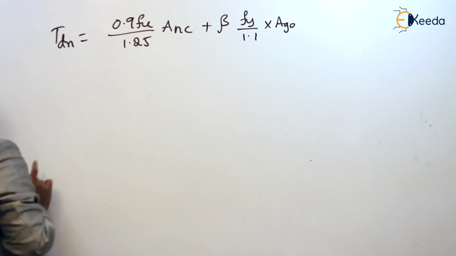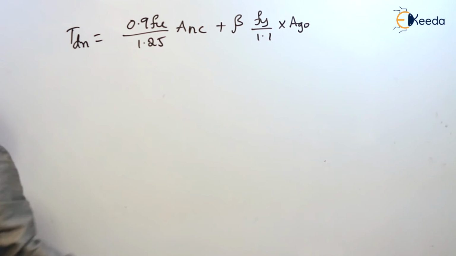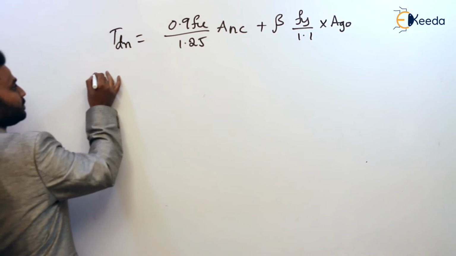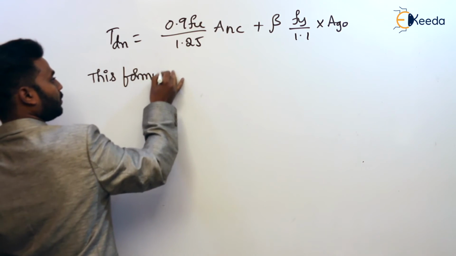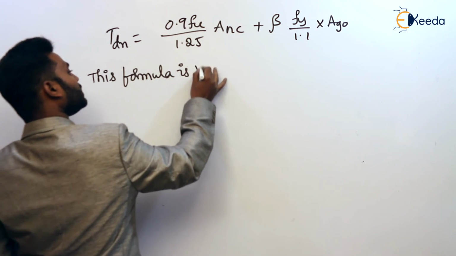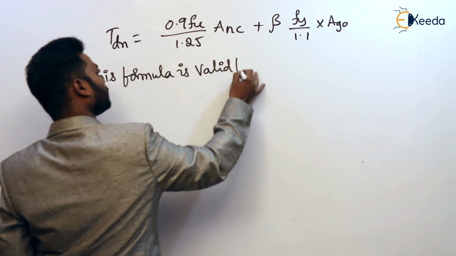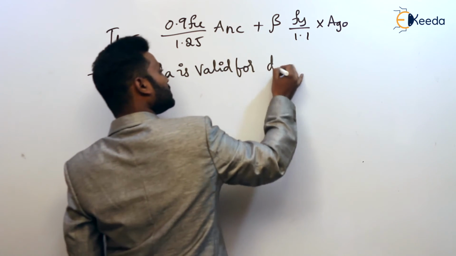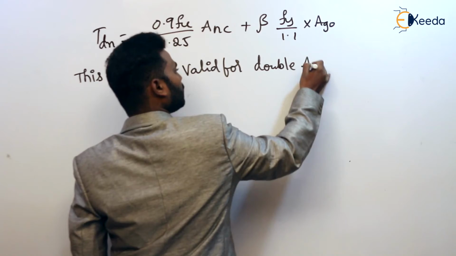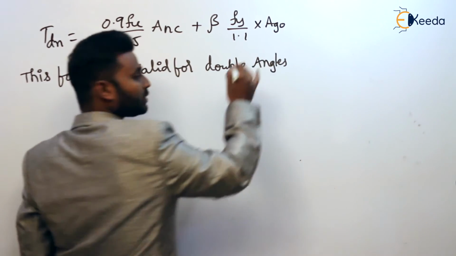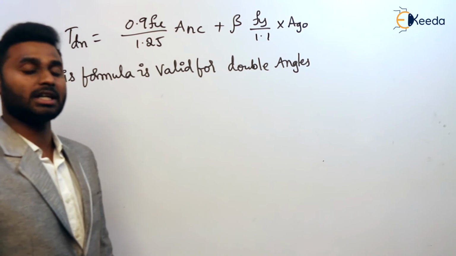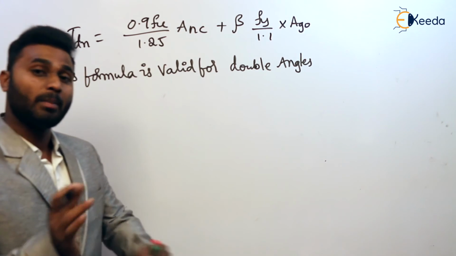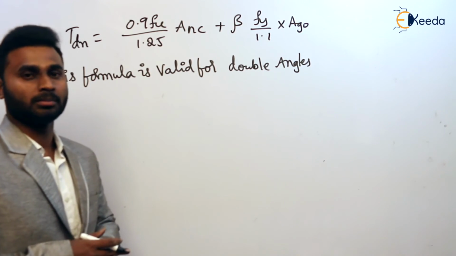Now this formula is valid not only for angle, but also for double angles. I have shown the diagrams. When we are discussing the pitch and tack rivets or tack bolts, they have shown the double angles back to back and same side. Clear?